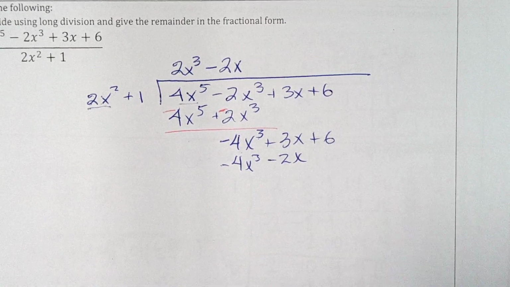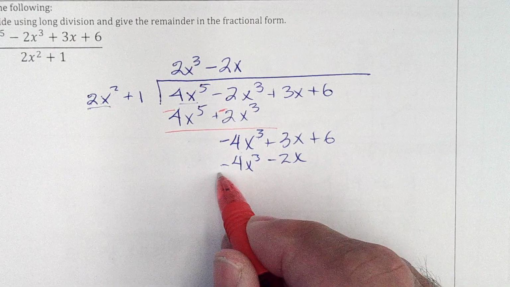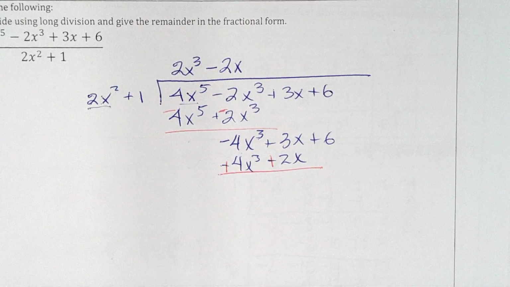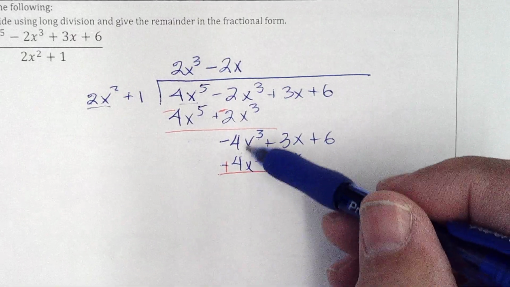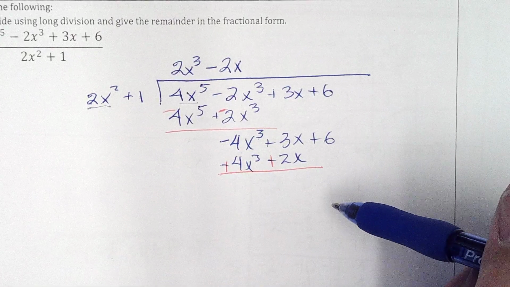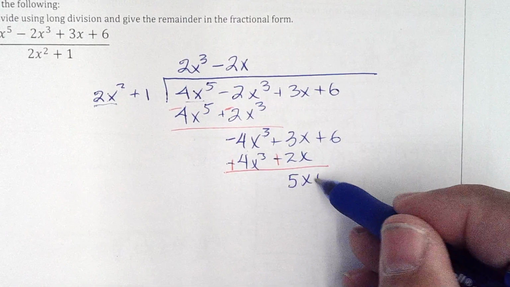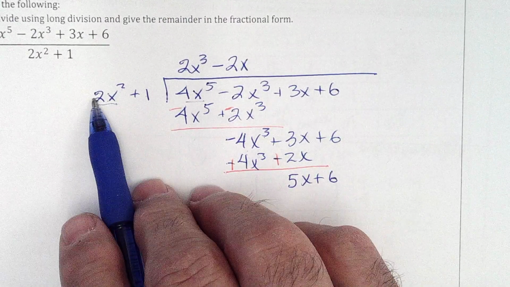And now to avoid subtraction, I'm going to draw the line and change the sign. So now I can add. These add up to be 0. These add up to be 5x plus 6.